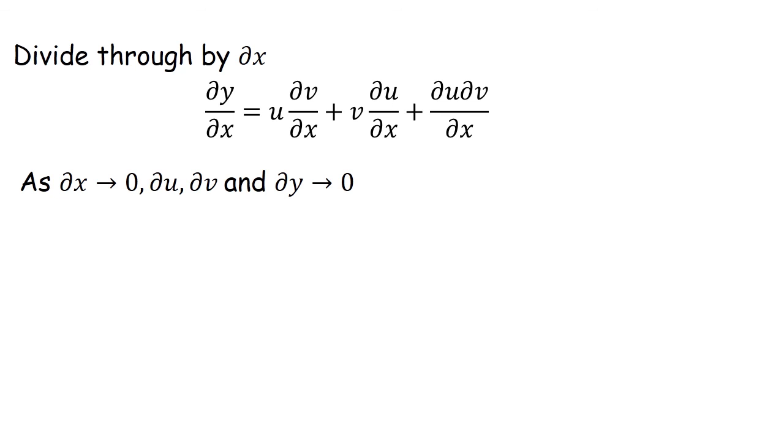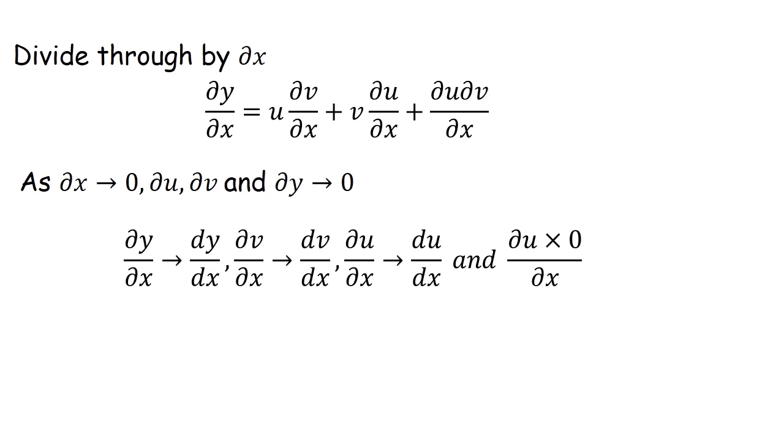Then we substitute. So we shall finally end up with the formula dy dx is equal to u dv dx plus v du dx. Are we okay up to that point? Yes.